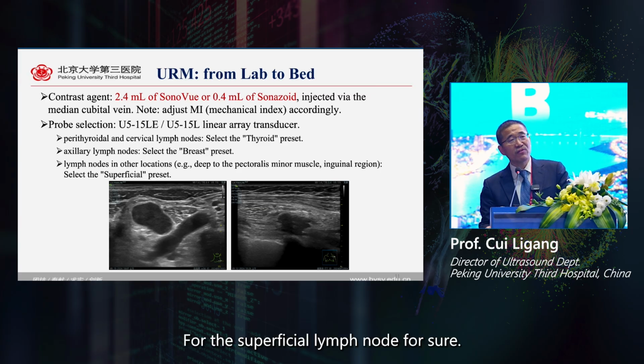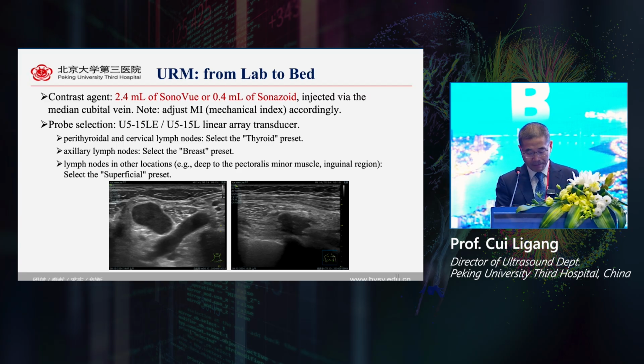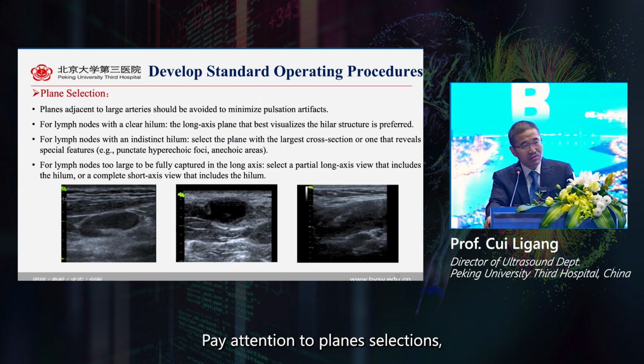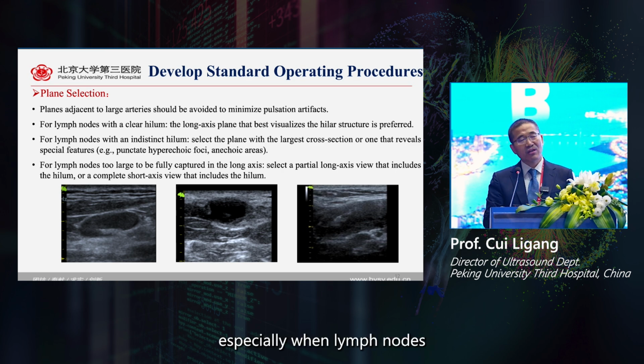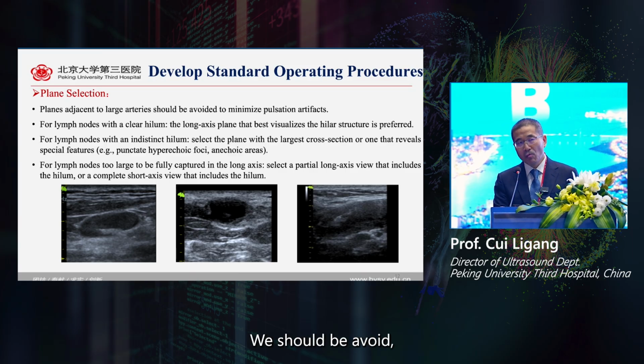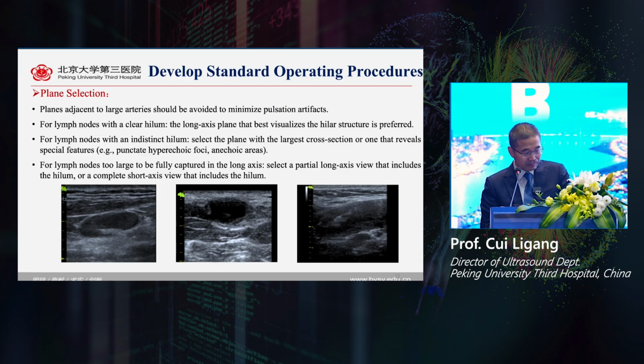For superficial lymph nodes, of course, we select high frequency transducers with the small organ preset. Pay attention to plane selection, especially when the lymph node is very close to the artery. We should try to minimize pulsation artifacts.